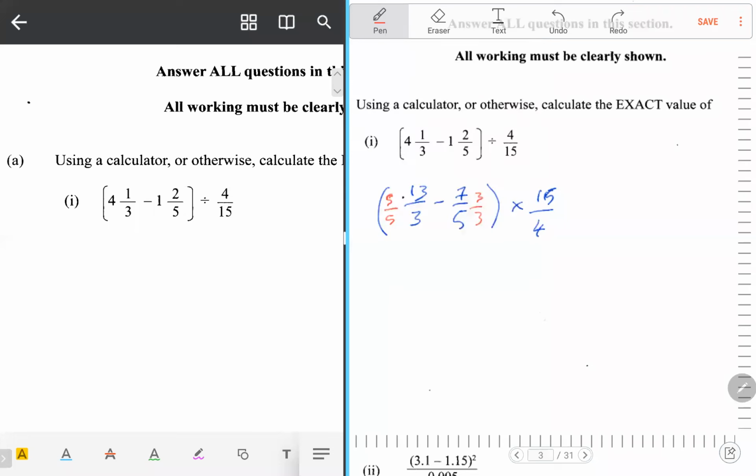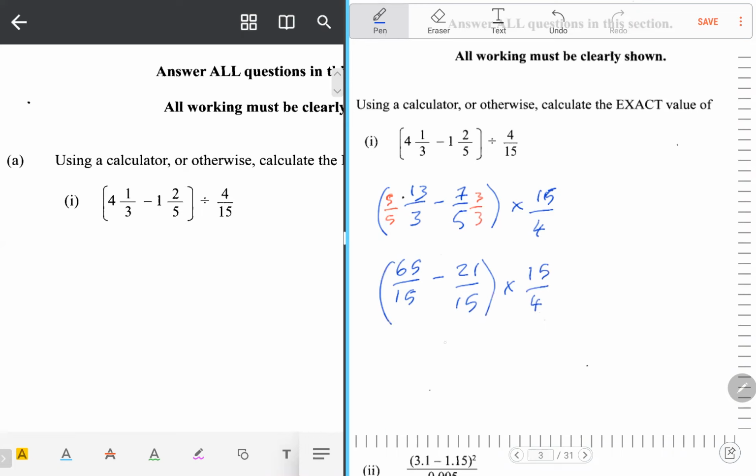And so now, the 5 times 13 is 65 over 15, minus the 7 times 3 is 21, also over 15. And that will become one fraction. We multiply now by 15 over 4. Then the 65 minus the 21 is actually 44.